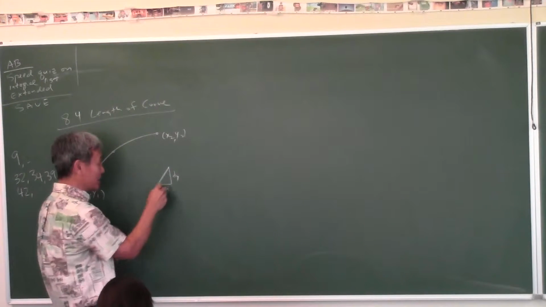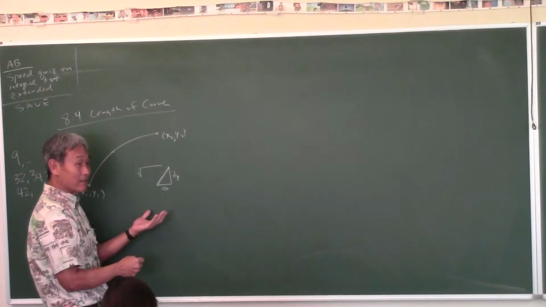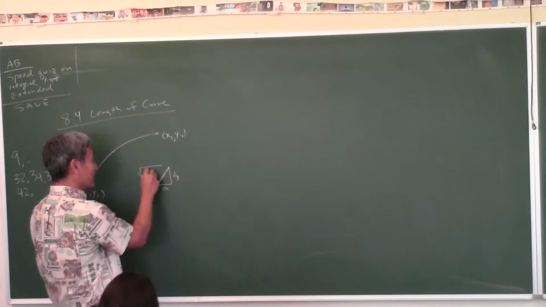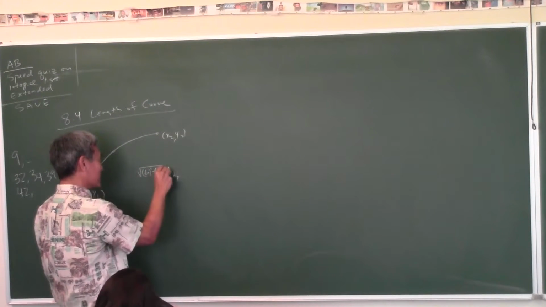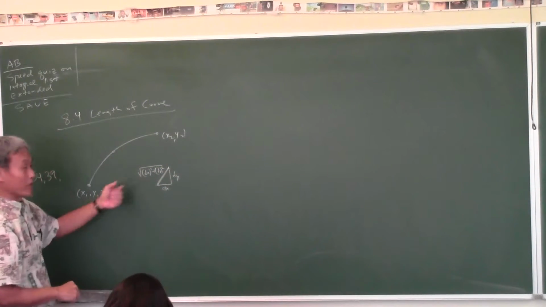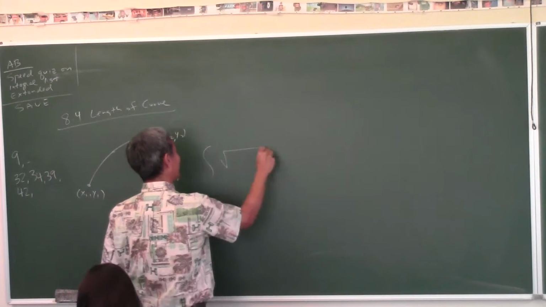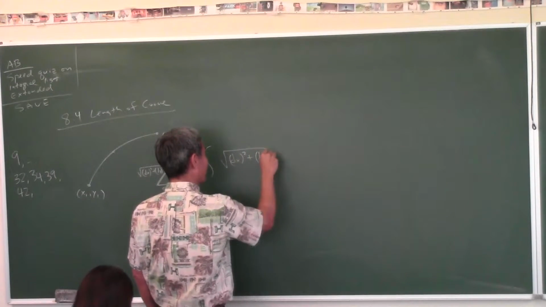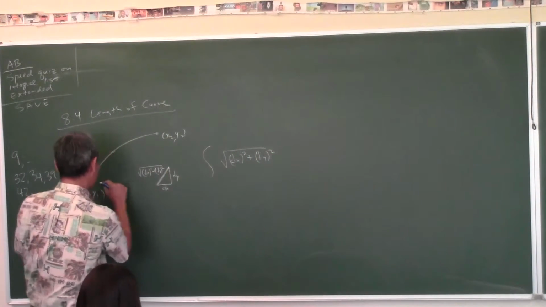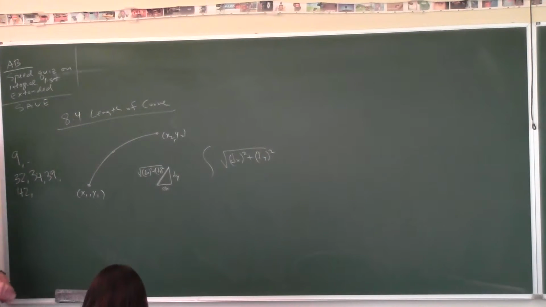Just use the Pythagorean theorem: the square root of dx quantity squared plus dy quantity squared. And what are we going to do once we have this? We're going to add up an infinite number of these to get the whole curve.